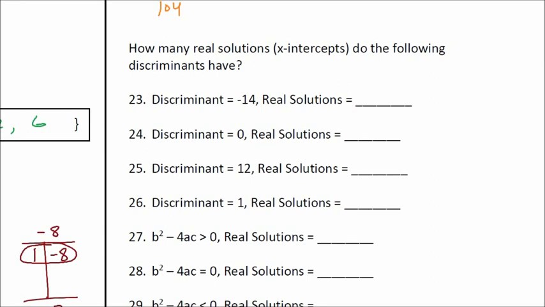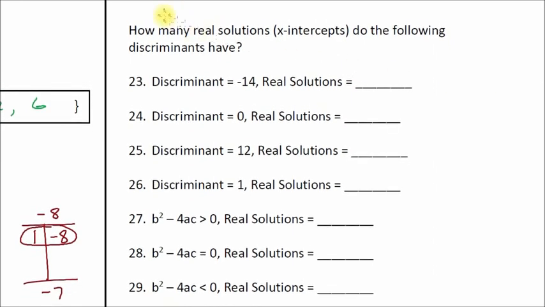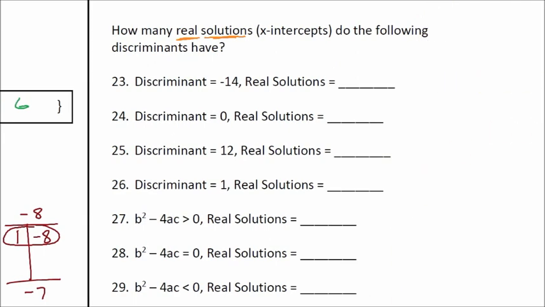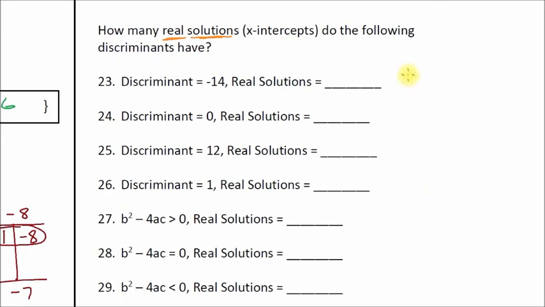All right, questions 23 through 29. How many real solutions, remember a solution is an x-intercept, do the following discriminants have? Well, we know our rules, class. If the discriminant is positive, our real solutions are 2.